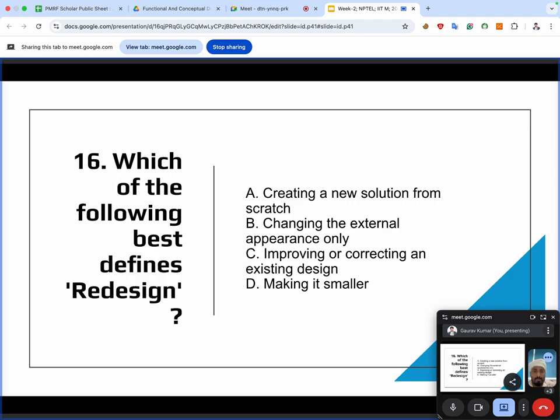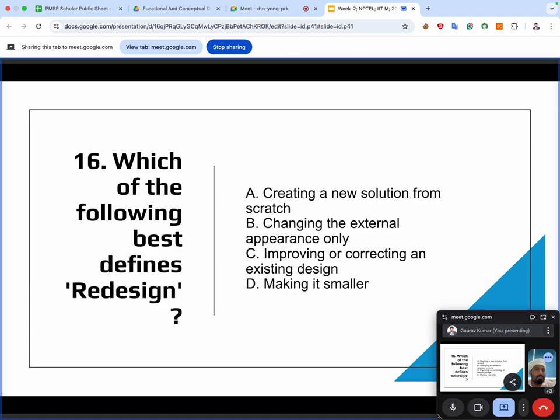Naresh, C. Is it your answer or because others are saying C? Sorry, please don't mind. Okay. Yes, C is the right answer, because a redesign is used when the original product is underperforming.